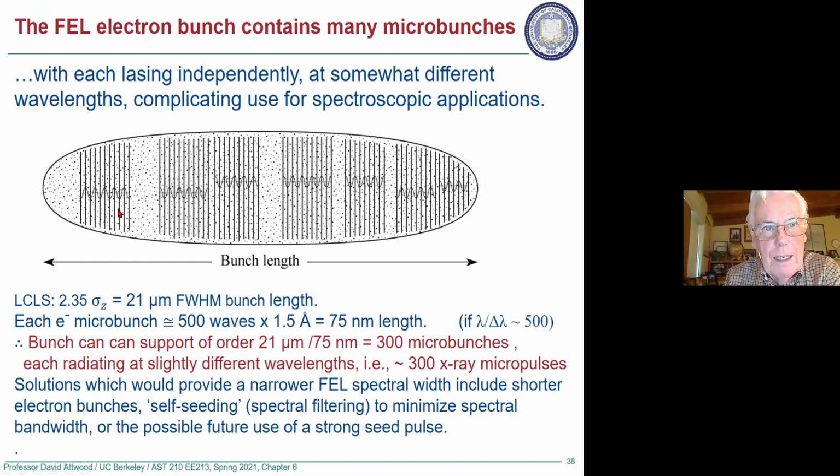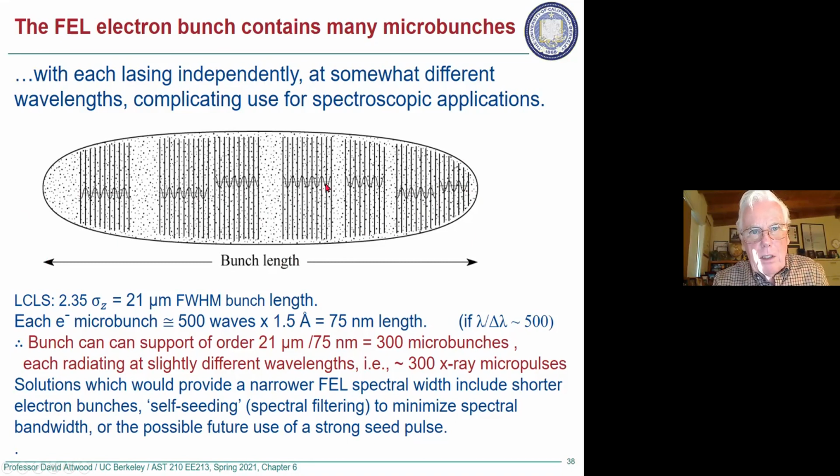They've got a lot of electrons in them, and back at the beginning of the long FEL, just statistically, different little areas start to produce waves which will eventually be amplified, okay? We just saw a moment ago from the table of parameters that this bunch length is around 21 microns full width at half max. So that's how long it is, okay?